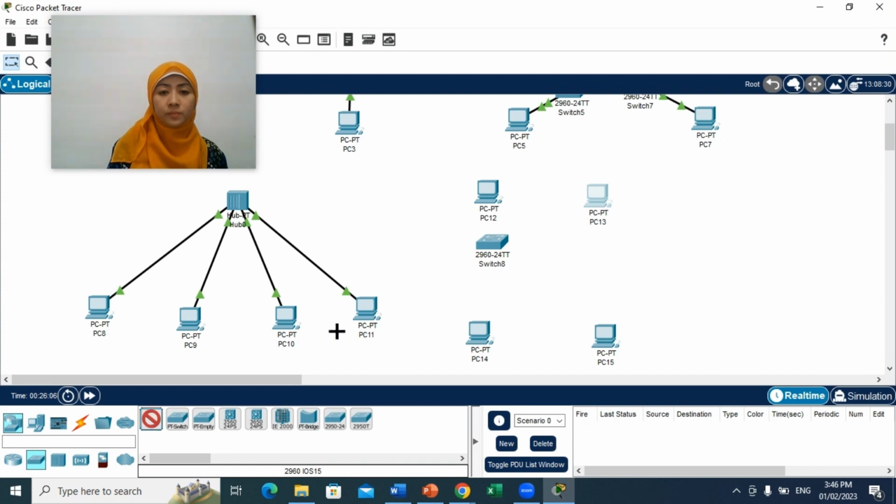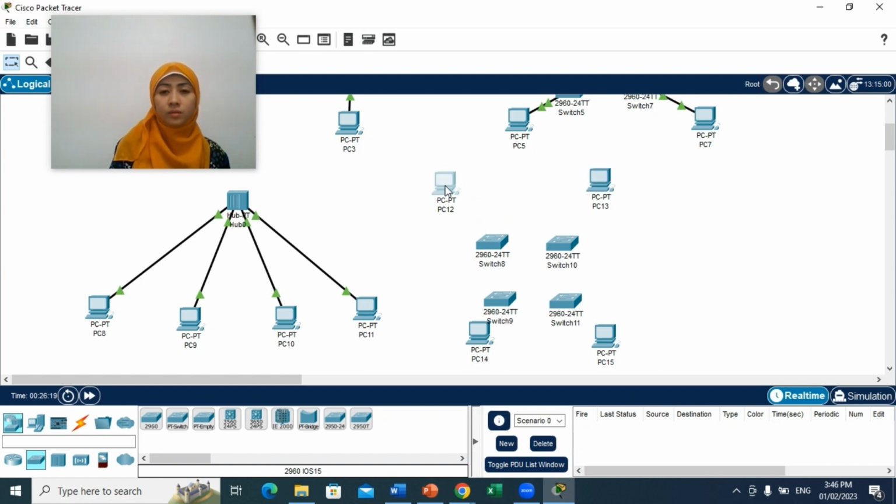Switch here, switch here, switch here, and here. So how will we do it to become a mesh topology?